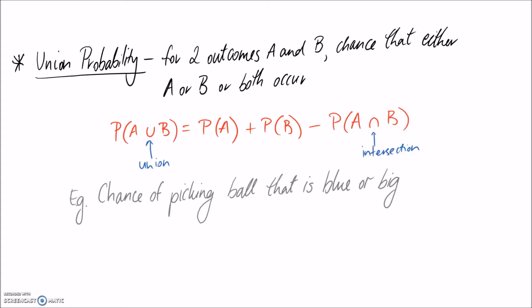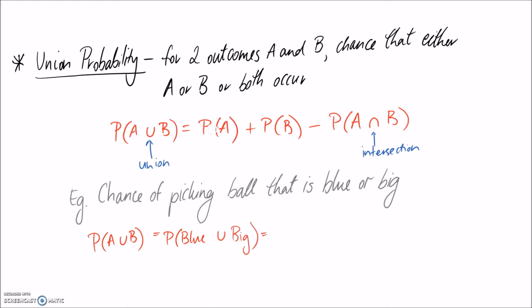So let's do an example. Here we want the chance of picking a ball that is blue or big. Okay. So we can write it out using our notation. The general form looks like this, and A can be blue. So we can write this as the probability of it being blue, and we want the union with it also being big.